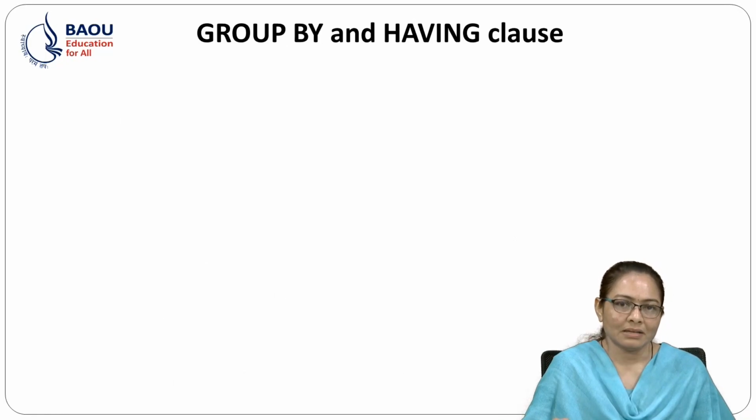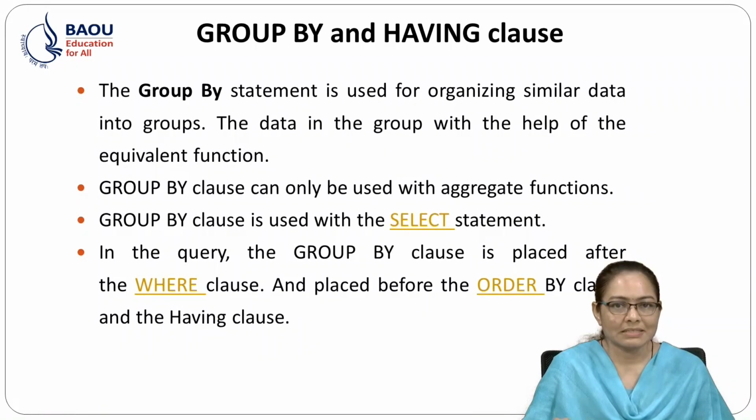See, the group by and having clause. The group by statement is used for organizing similar data into groups with the help of an equivalent function. That means group by is used to organize or collect similar data with the help of a particular function.